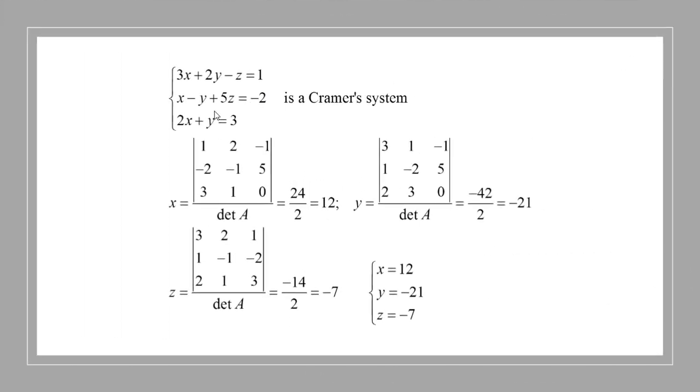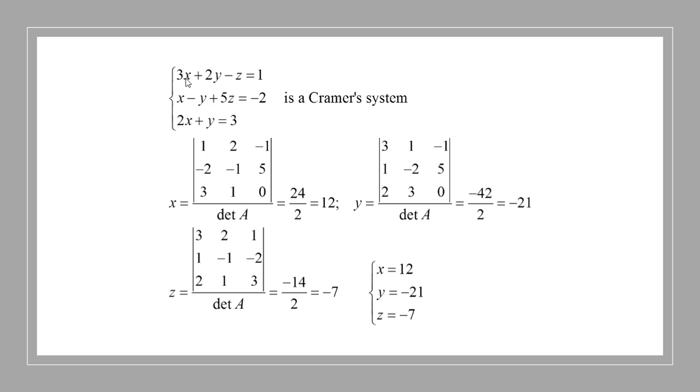In this example, you can see 3x plus 2y minus z is equal to 1, x minus y plus 5z is equal to minus 2, 2x plus y is equal to 3. So these are simultaneous linear equations in three variables x, y and z. What are the coefficients of these variables?